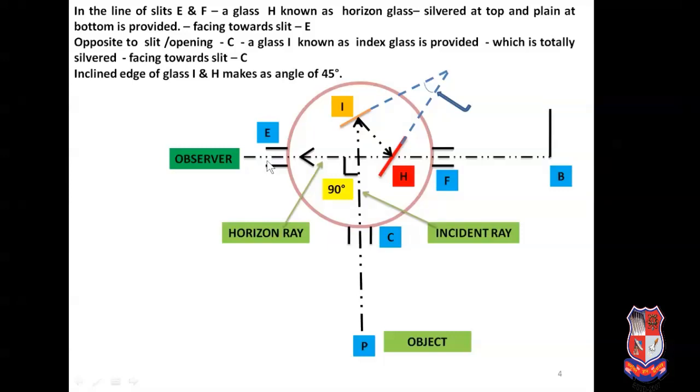Now opposite to the slit C, opposite to the opening C, a glass I known as the index glass is provided, which is totally silvered, and the face of the index glass is towards the slit C. The inclined angle of the glass I and glass H, means index glass and horizon glass, is 45 degree.